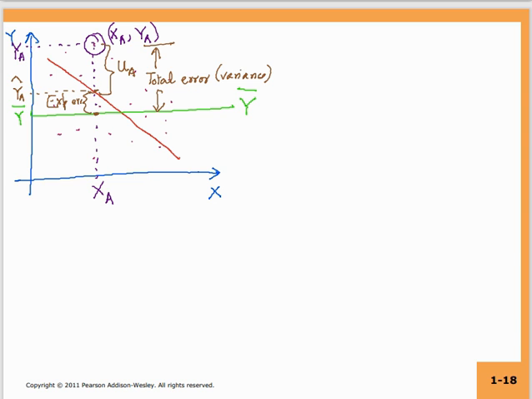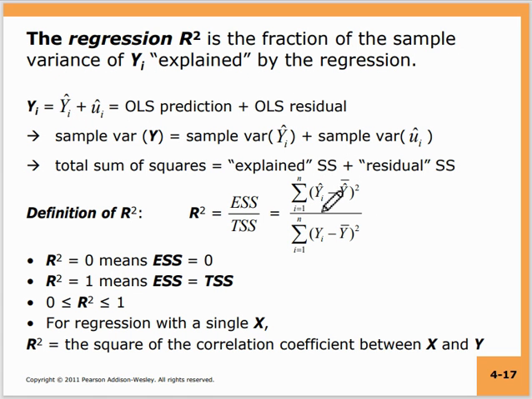So this quantity squared divided by this quantity squared is what your r square is. So yi hat minus y hat bar, which is the same as y bar. So yi hat minus y bar is the distance from the regression line to the mean prediction, and this is the total distance, which is yi minus y bar.